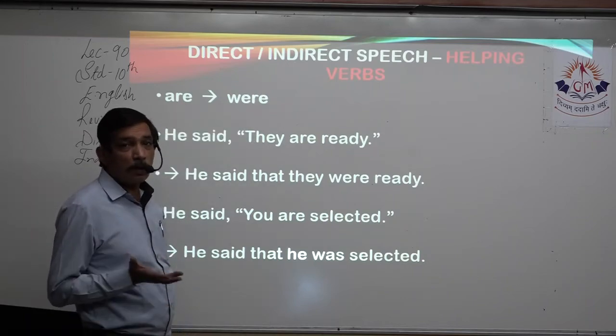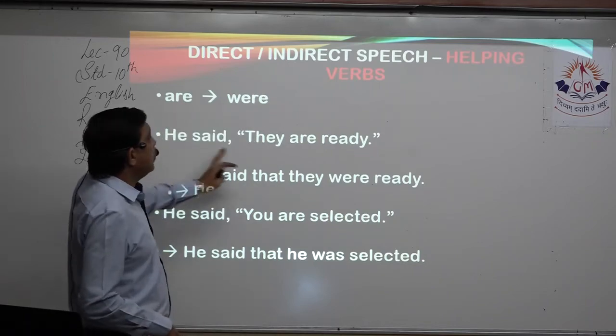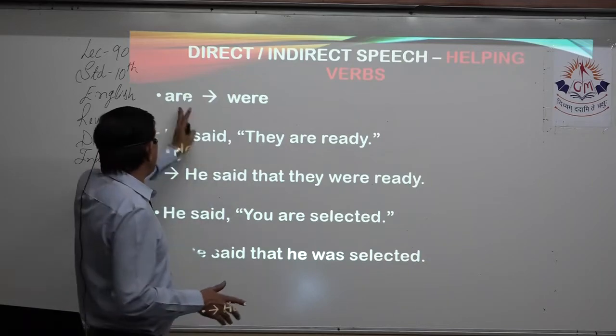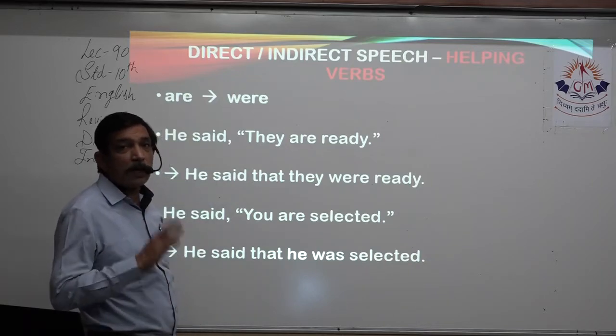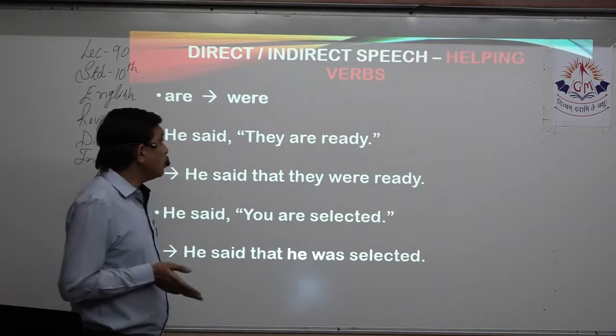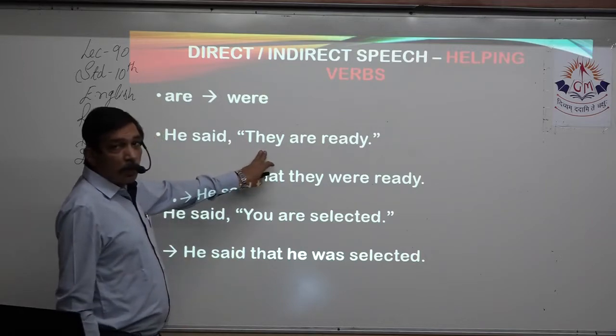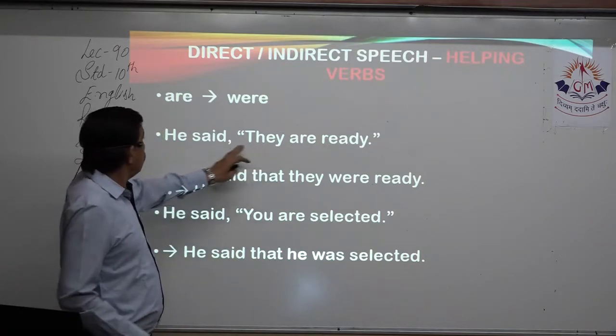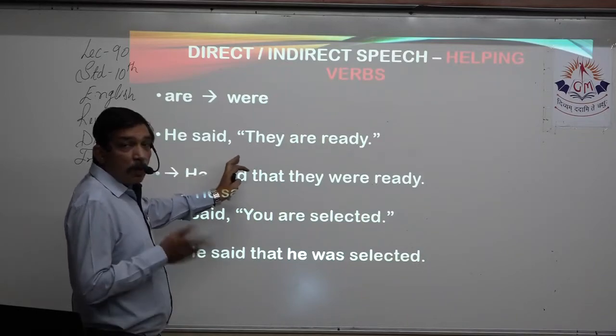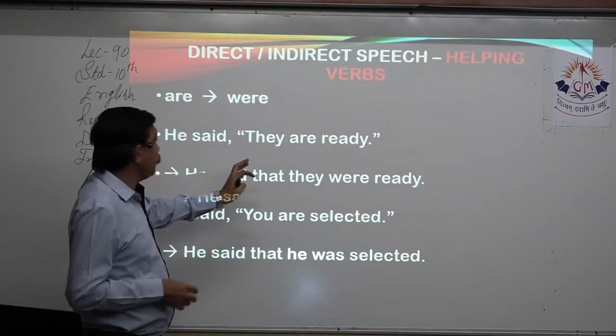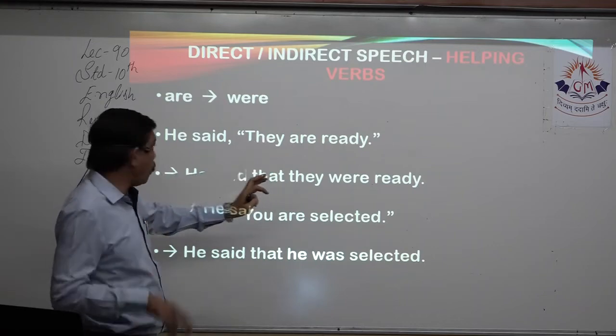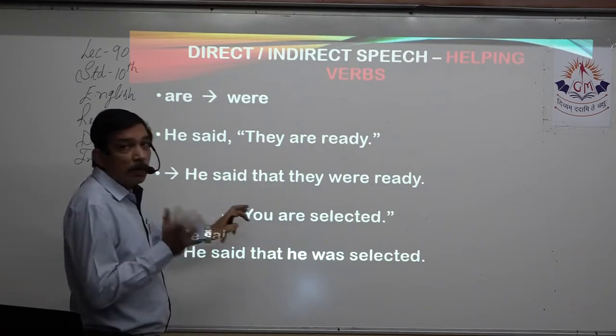This is plural. So, he said, "They are coming." Usually the plural helping verb is are, right? So it is used with plural third person, or plural first person, we, or plural second person, you are, which will become you were.